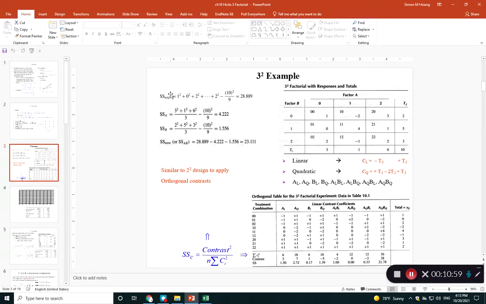We need to have the sum of squares total, everything. Okay? Now, we're doing the same things here. Factor A, low, medium, high. Factor B, low, medium, high. 0, 1, 2, 0, 1, 2. Okay?